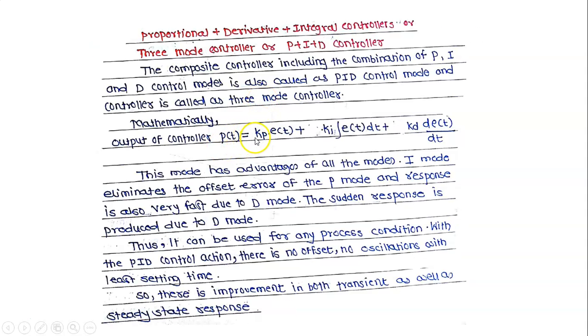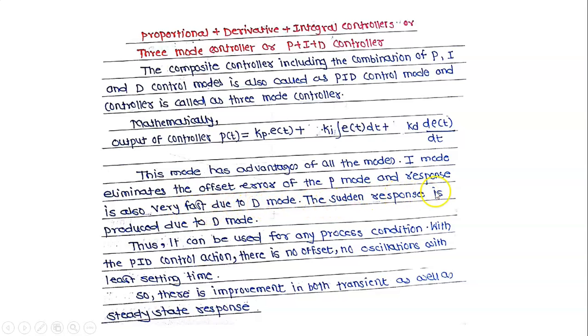It is p(t) equal to Kp into e(t), for the proportional controller, plus Ki into the integration of e(t) dt, for the integral controller, plus Kd into d/dt of e(t), for the derivative controller. This mode has the advantages of all the modes. The I mode eliminates the offset error of the P mode, and the response is also very fast due to the D mode.